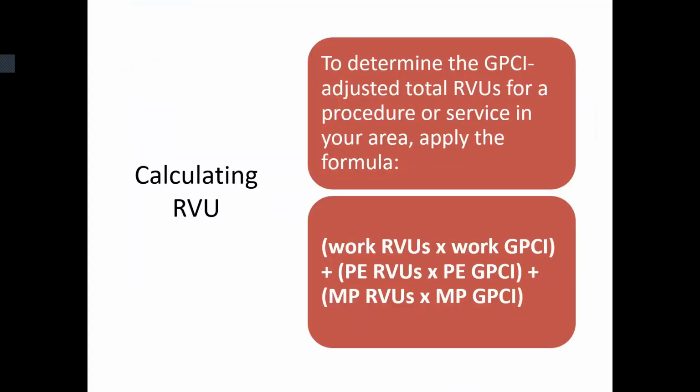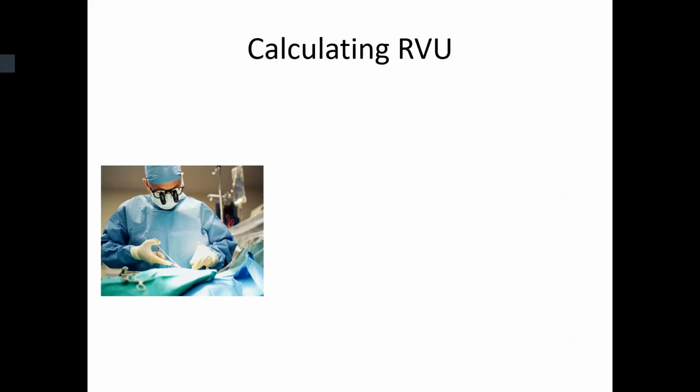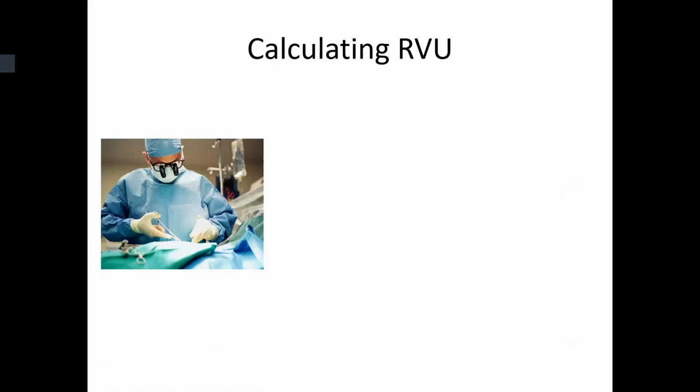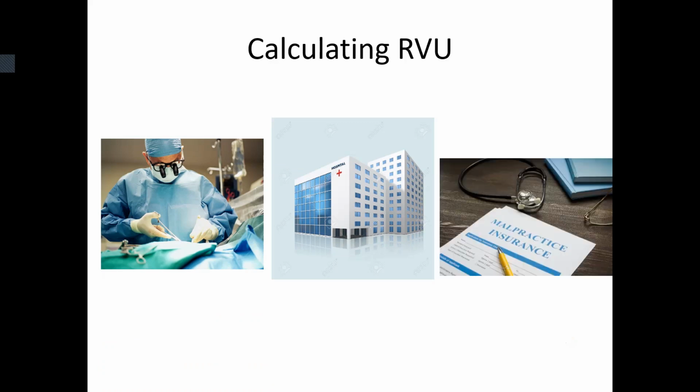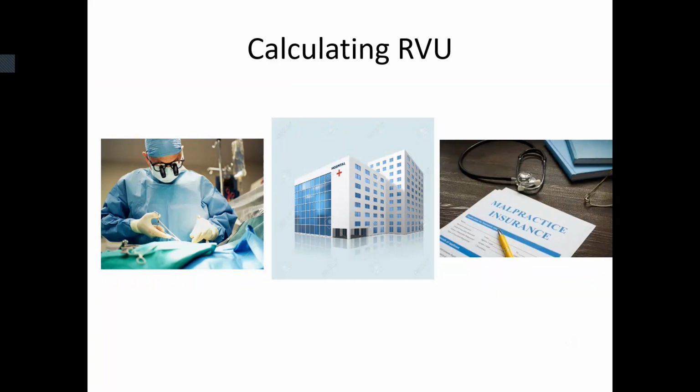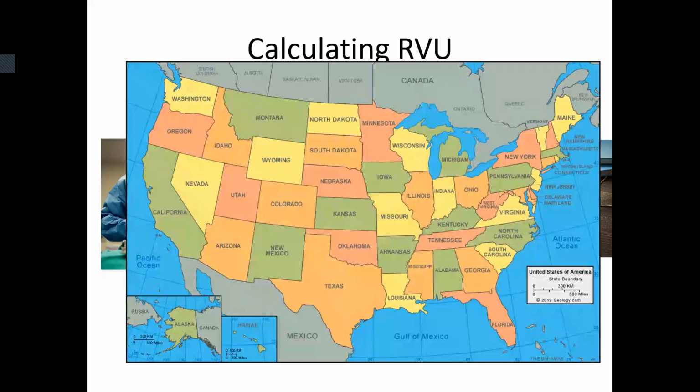So if you want to know how to calculate an RVU code, which is useful if any of your compensation is based on RVUs, you need to account for the work code, the malpractice code, and with a differential for the area that you work in. So what does this actually mean? It means that any work that you performed, your overhead, such as hospital costs, then your malpractice with a factor that allows for whatever geographic area that you are in.